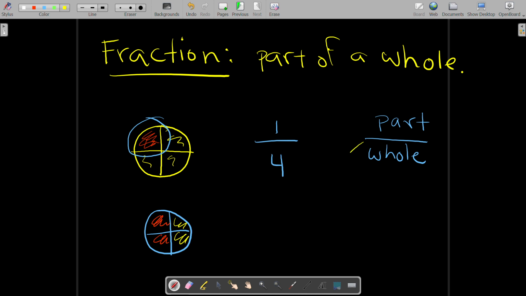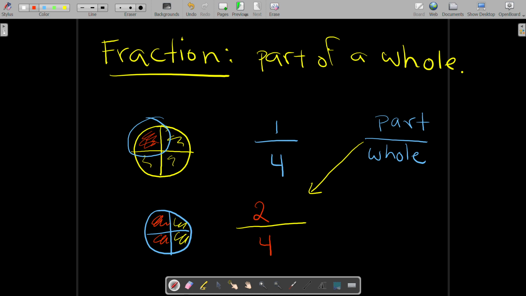Well, using this concept right here, we would draw the fraction bar, which separates the part from the whole, and we would say, okay, how many slices do we have of cheese? Well, if we look carefully, we have 2 slices of cheese, and we have 4 parts in whole.